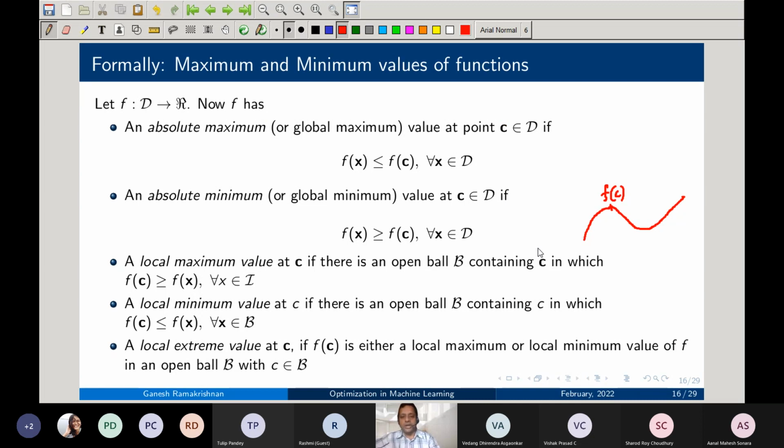Now you need an open ball B, for example, in this case. In the one-dimensional case, you can easily understand this as all x such that the norm of x minus c is, not less than or equal to, just strictly less than epsilon. A small ball around it.